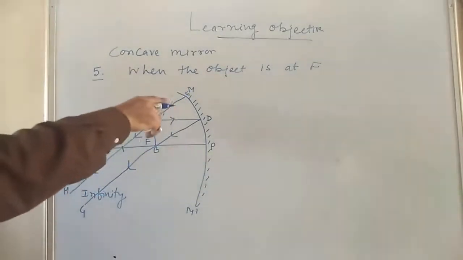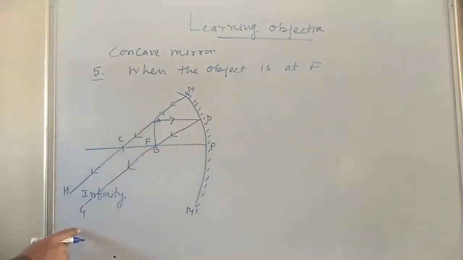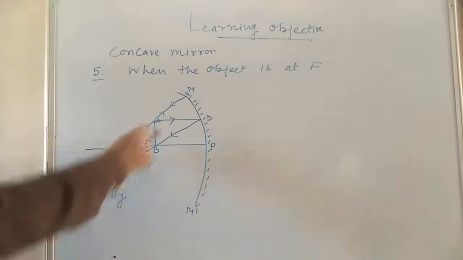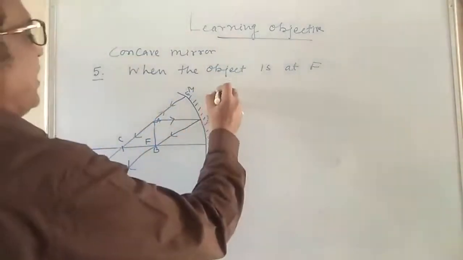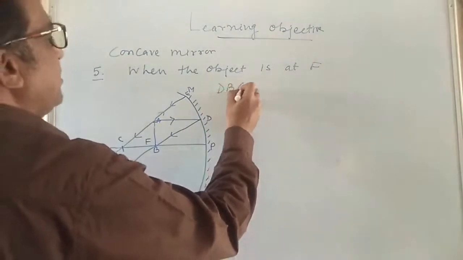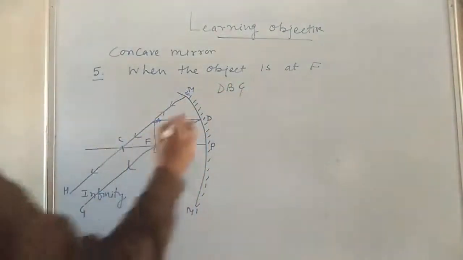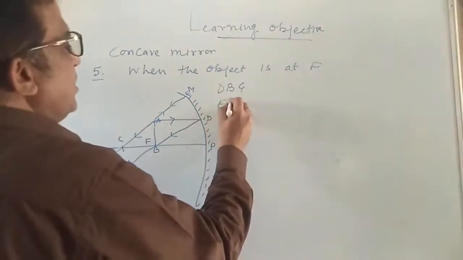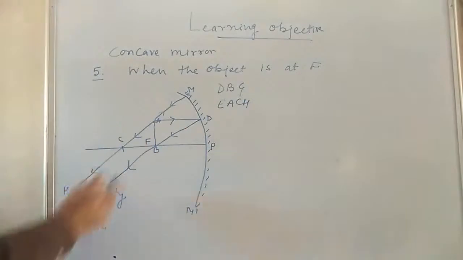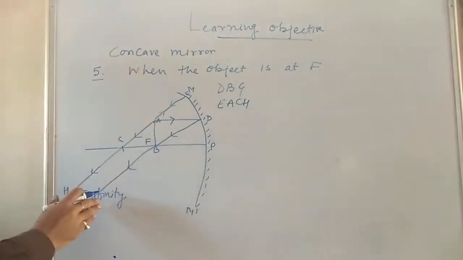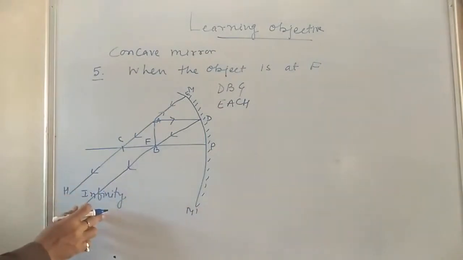So the two reflected rays DB G and EACH, you can see both are parallel to each other and would meet at a very far point, say at infinity.